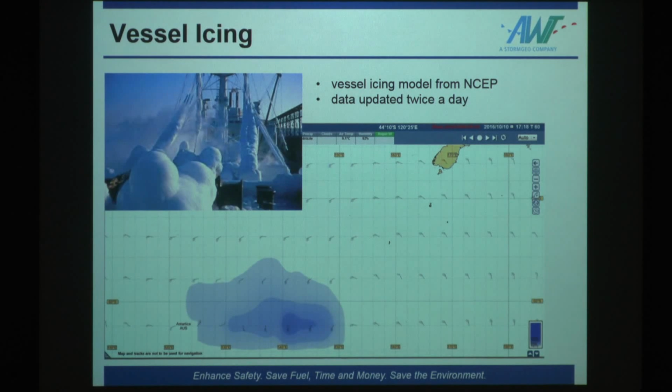This is designed for ships from 60 feet to about 150 feet in length, that are traveling at normal speeds and not heading downwind. And we update this data twice a day and then display it on BVS. So here you can see moderate icing conditions close to the coast of Antarctica.